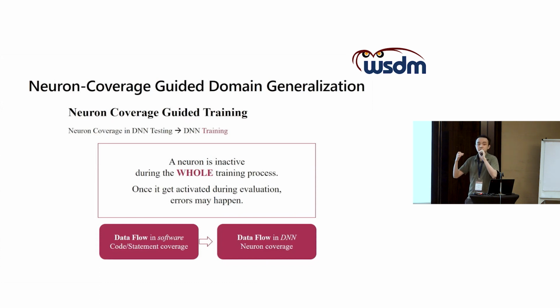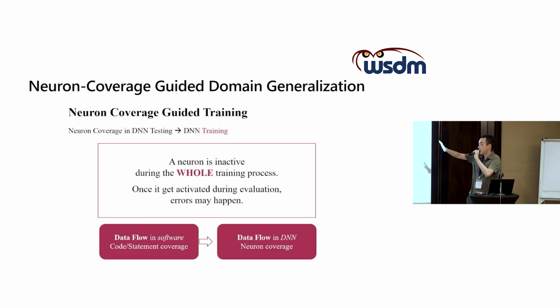Because for code coverage analysis, if a branch or a block of code has not been activated during the testing stage, then when you deploy your software system in practice, an input may trigger the blocks that have not been activated before, so a bug can happen.